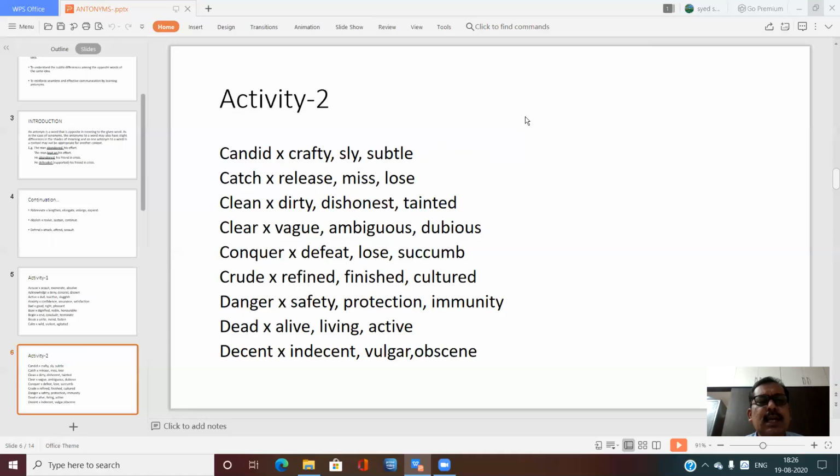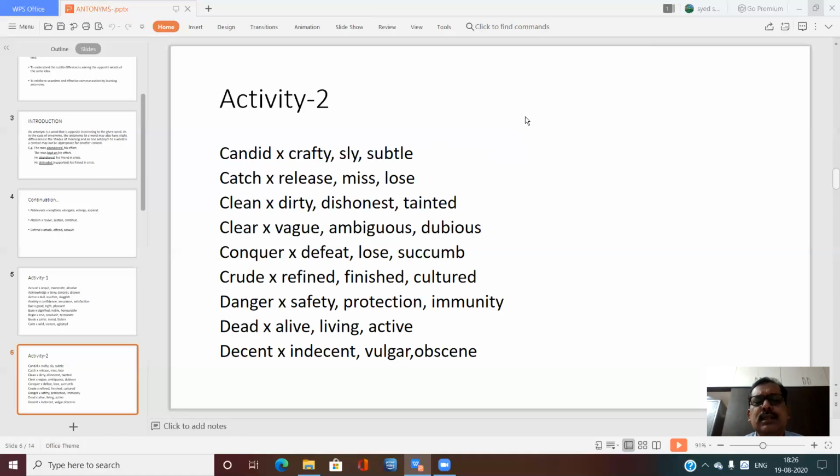Another word, catch. Opposite words: release, miss, lose. Here, see lose. It is spelled L-O-S-E. There is another word, loose, L-O-O-S-E.